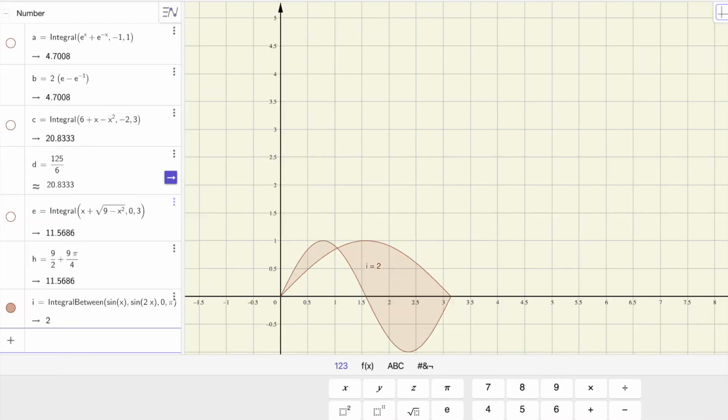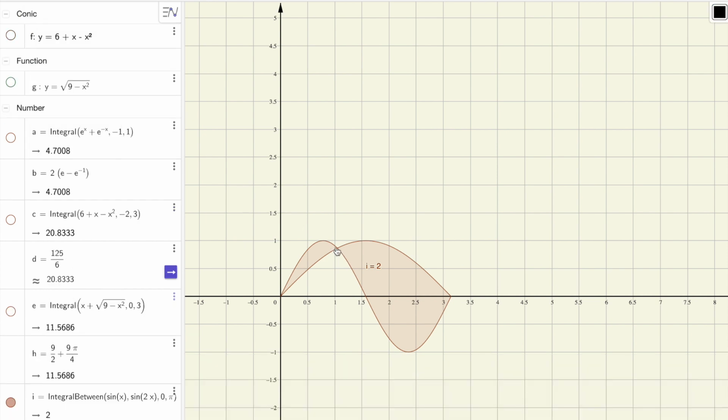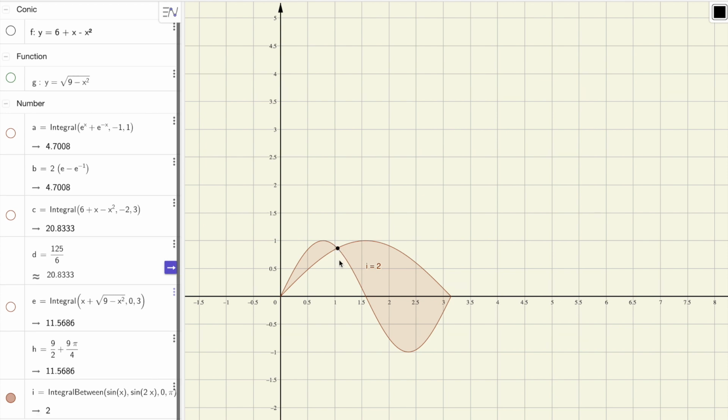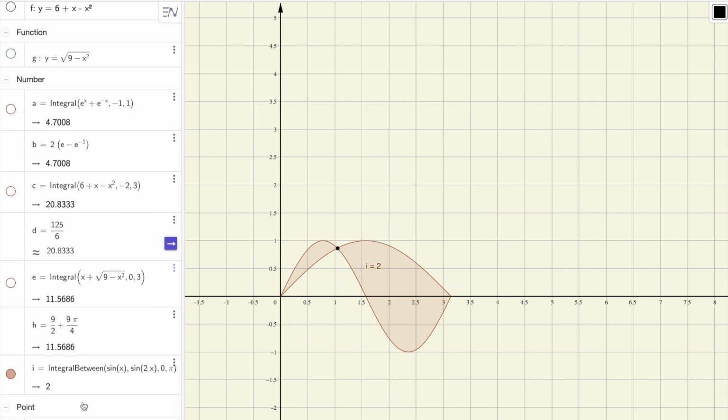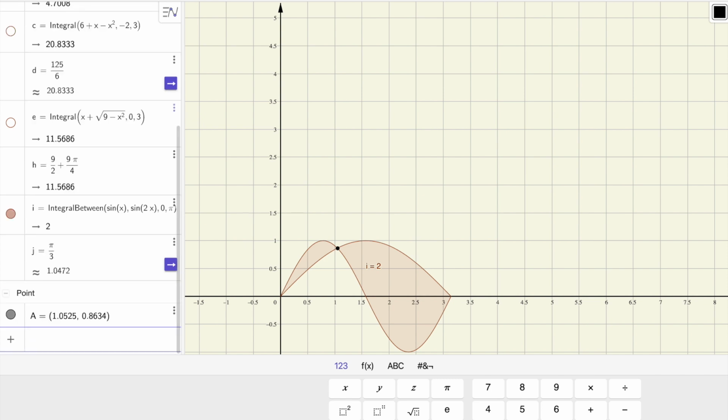Have I done anything wrong here? So let me find this intersection point to see where this point is. This intersection point is this one. And what is pi over 3? Pi divided by 3. So something might be wrong, we calculated the wrong number.